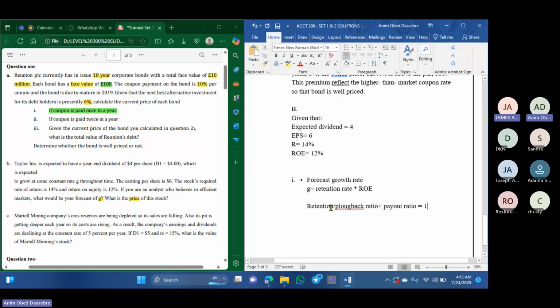So if you want to find each of them, just make the other one the subject. This is the first method to find any of them.